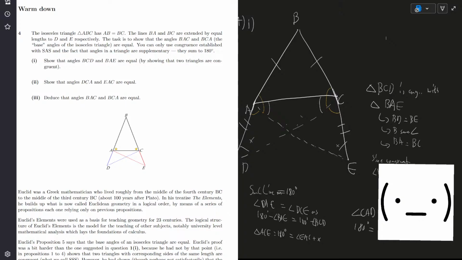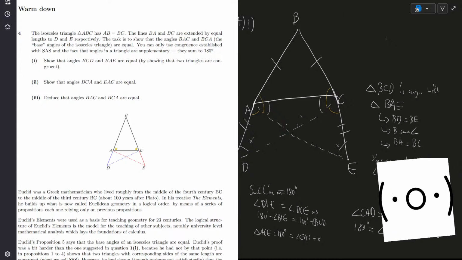Okay. You know what it's not? How did you prove that in the first place? Wait, what? Magic does not count as one of the ways you can prove things.